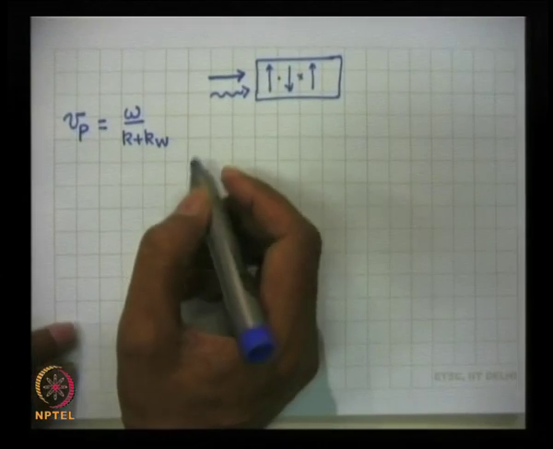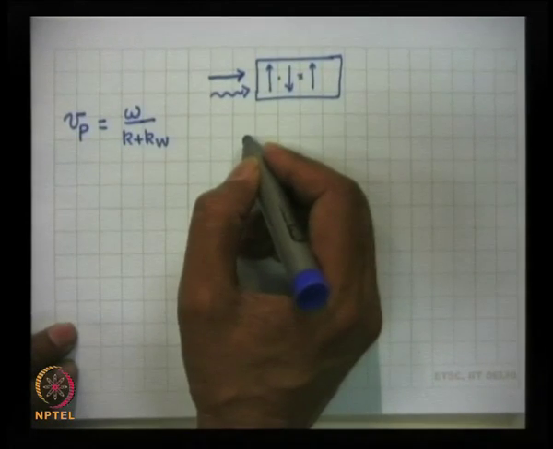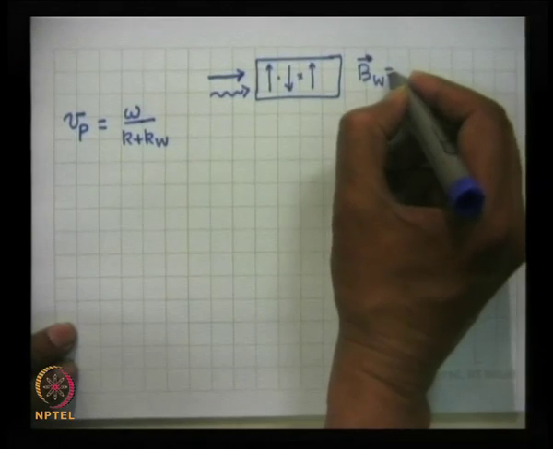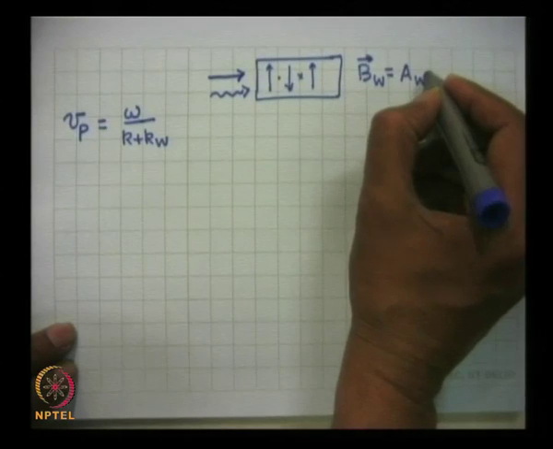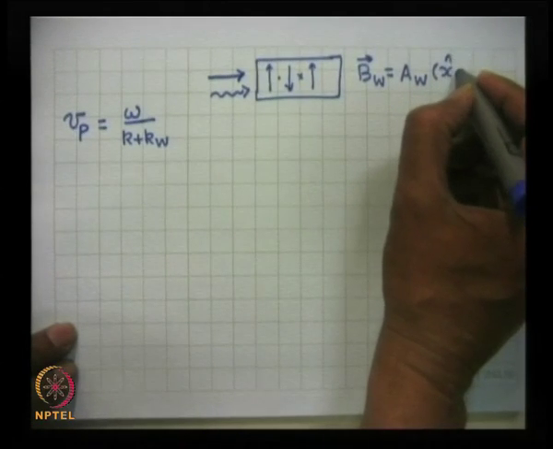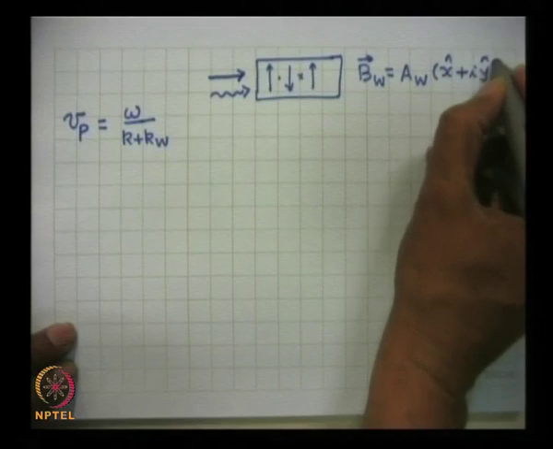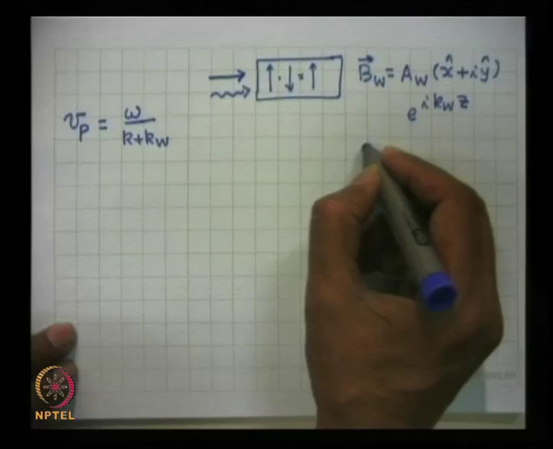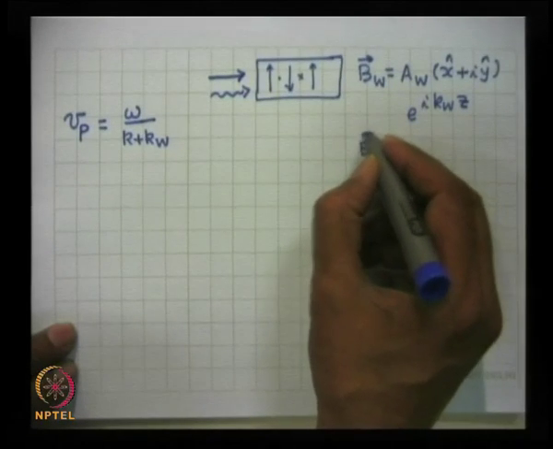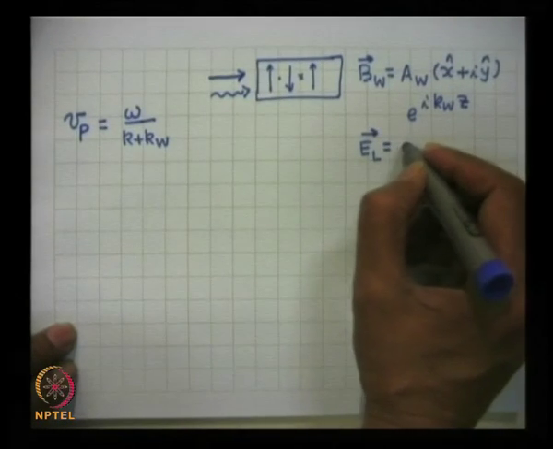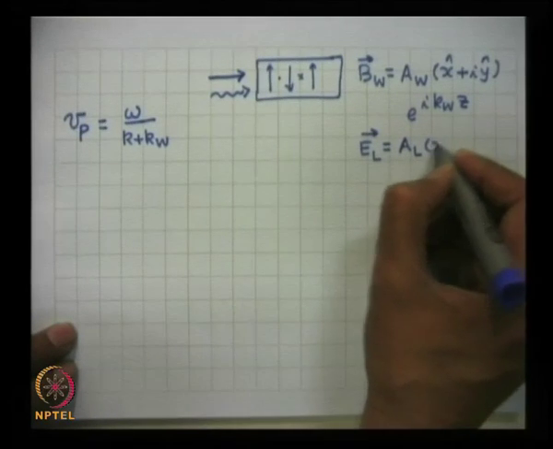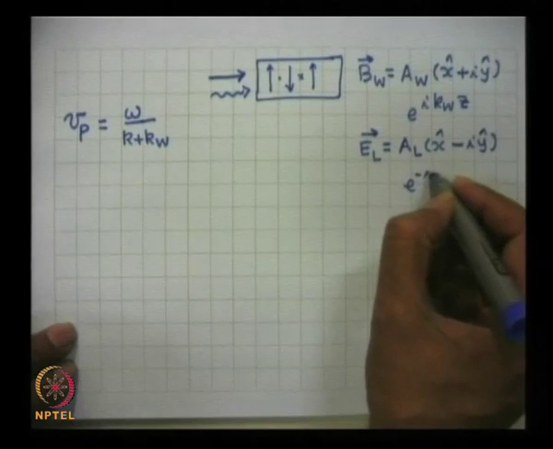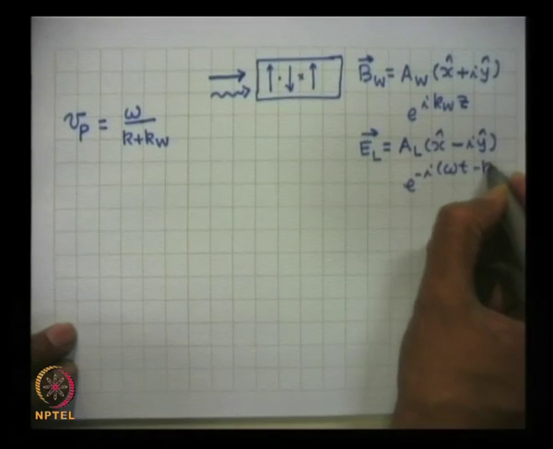Please remember that we are talking about the Wiggler magnetic field of this form Vw, which has some amplitude Aw, polarized in the right handed sense and has a phase variation as exponential i kW z, and the laser field is left circularly polarized, which is equal to Al (x minus iy) exponential minus i (omega t minus kz).